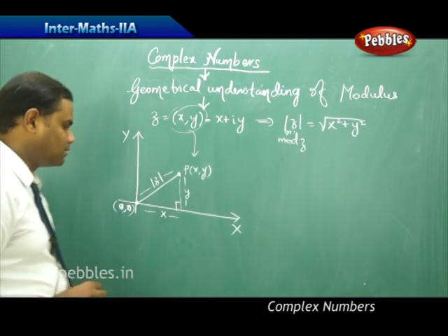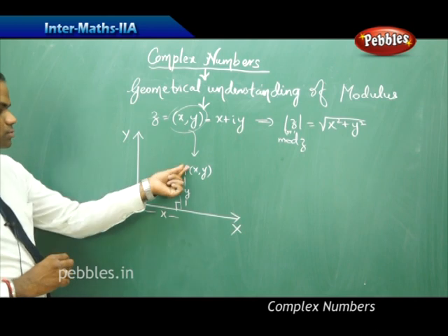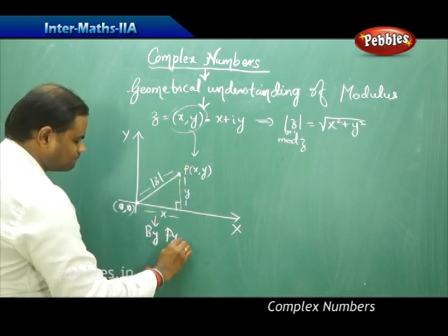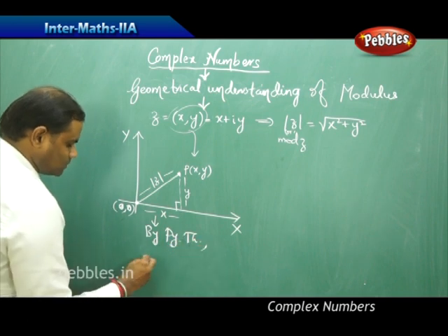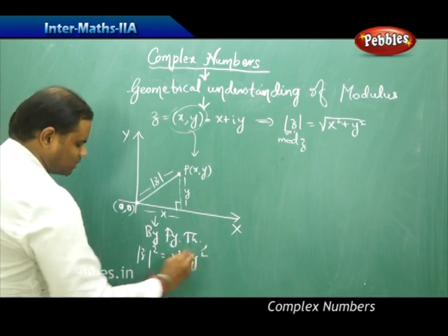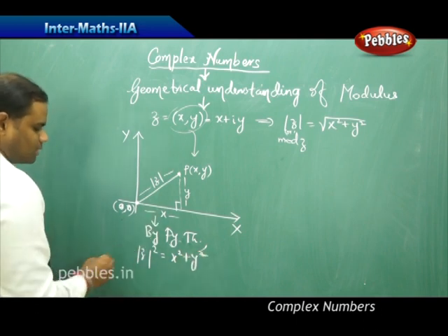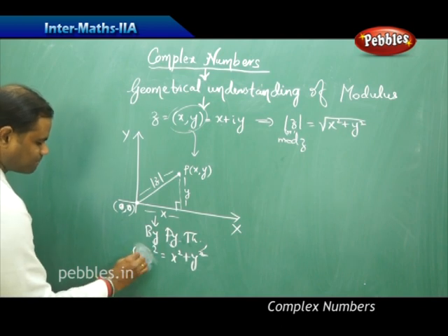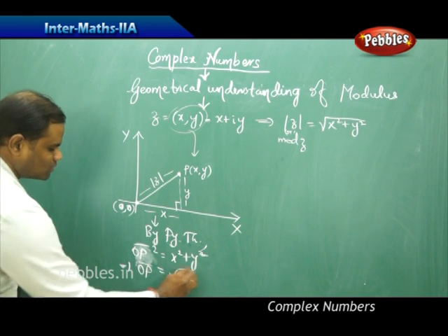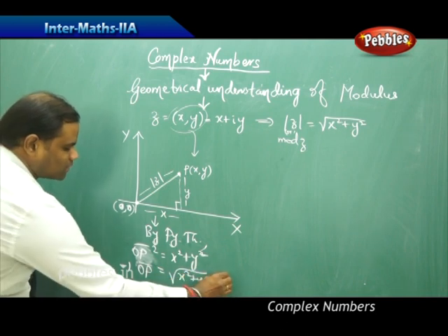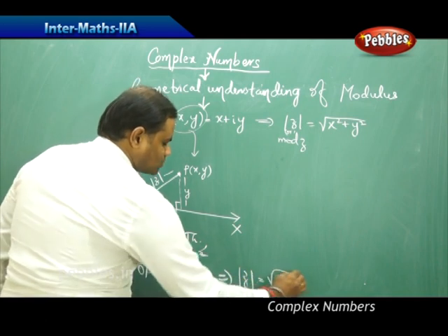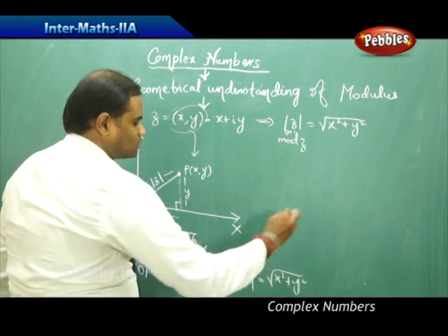And hence, the distance from 0, 0 to P(x, y) will be, by Pythagoras theorem, mod z square is x square plus y square, or this OP square is this. That implies OP is root of x square plus y square. That implies OP, which is defined by mod z, is root of x square plus y square.